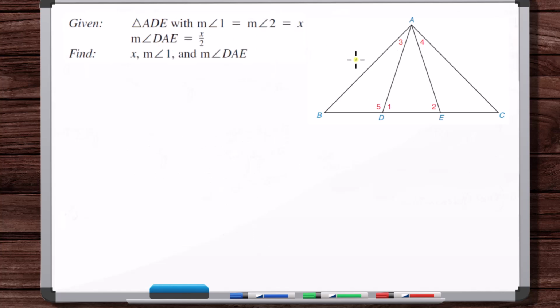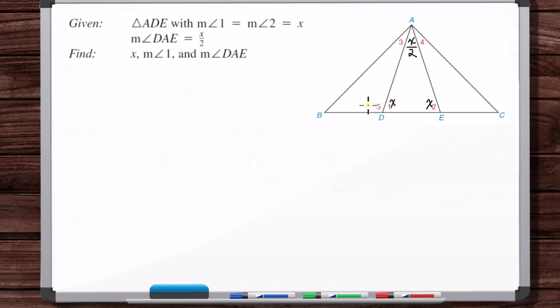All right, so now they're saying triangle ADE, you've got the measure of angle 1 is equal to the measure of angle 2 is equal to x. And the measure of angle DAE is equal to x divided by 2. Then find x, find the measure of angle 1 and the measure of angle DAE.